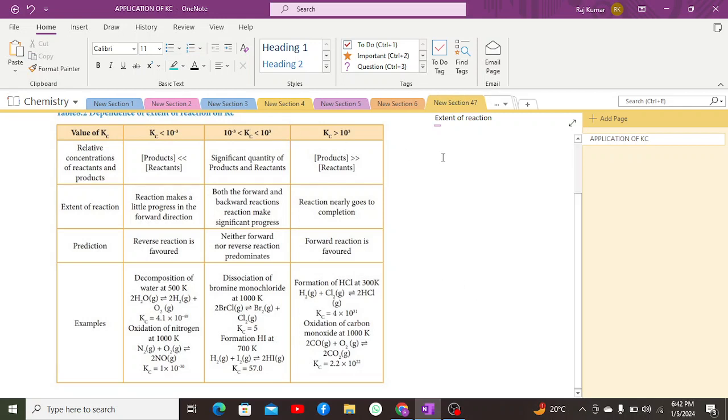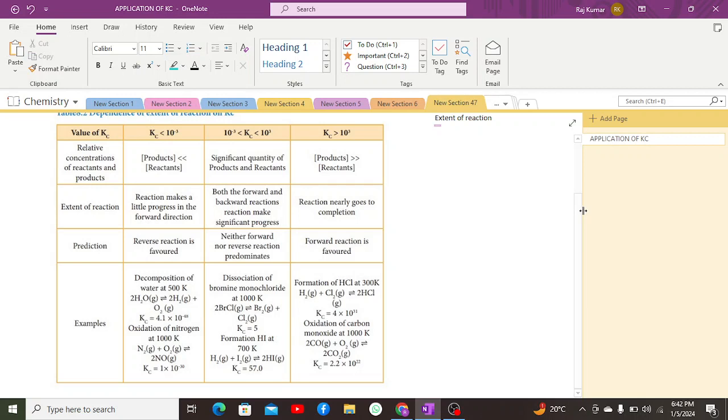Likewise, if Kc is too large, greater than 10 to the power 3, then the concentration of products will be greater than the concentration of reactants, and the stability of products will be greater than the stability of reactants. As a result, the reaction has more products and is virtually completed. The forward reaction will occur, and the tendency of the backward reaction will be less.